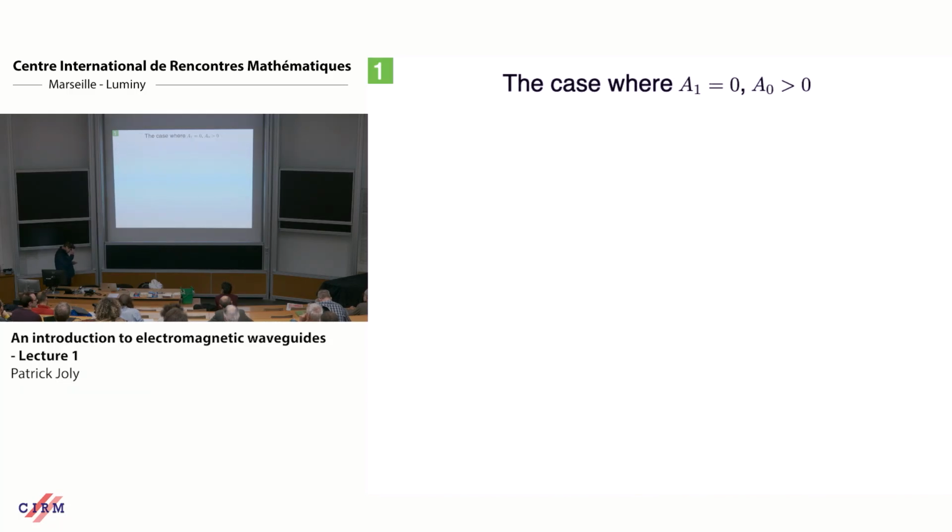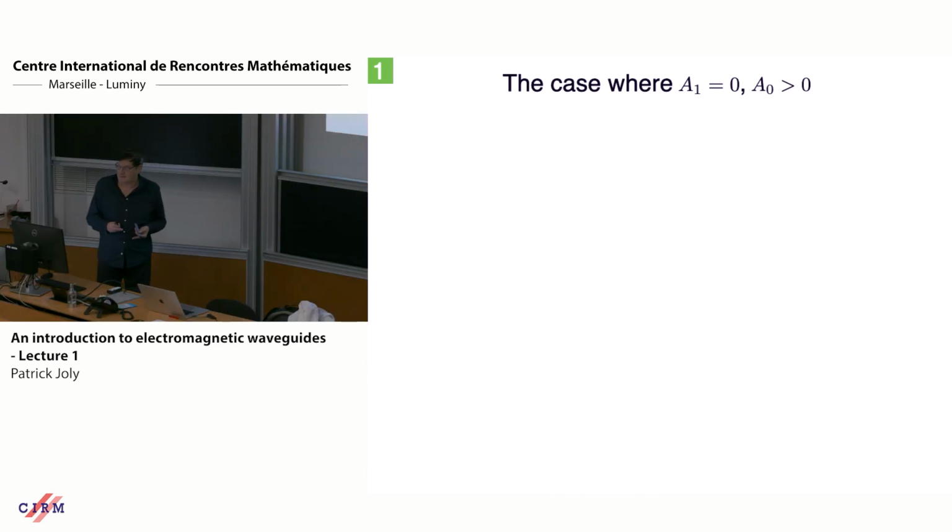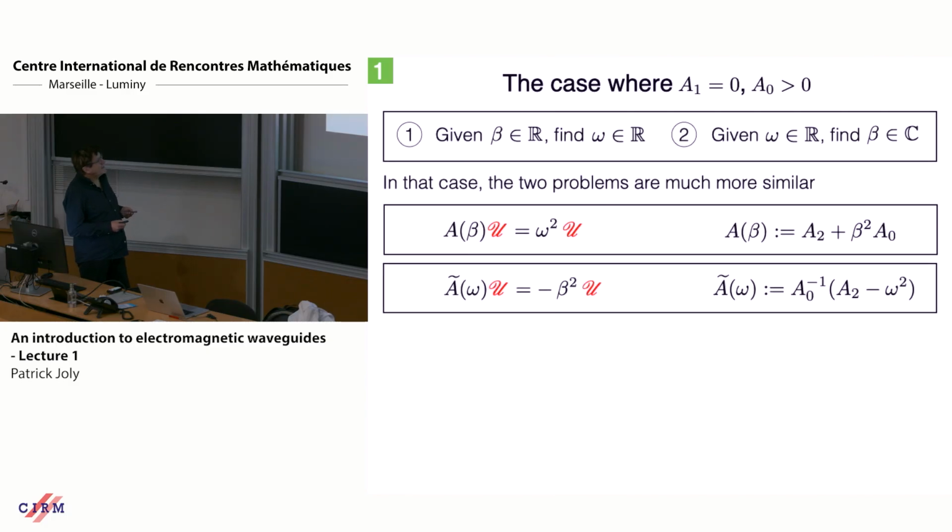An important, simpler case is when the operator A1 does not exist, is 0, and the operator A0 is positive definite. In that case, the two problems are more or less equivalent, because you remember that the first problem was like that. But if you multiply everything by A0 to the minus 1, the second problem can also be written as a standard eigenvalue problem. The difference is that omega square becomes minus beta square.